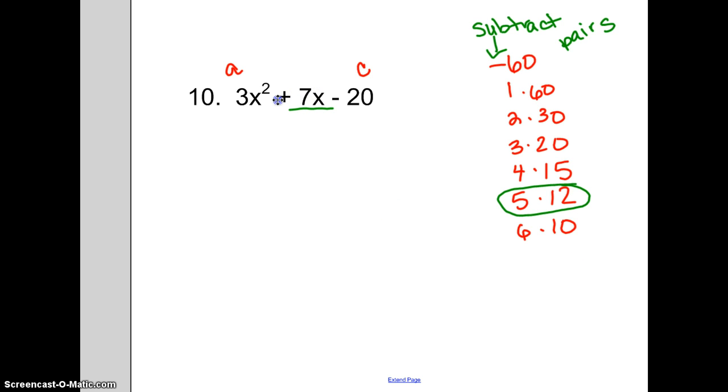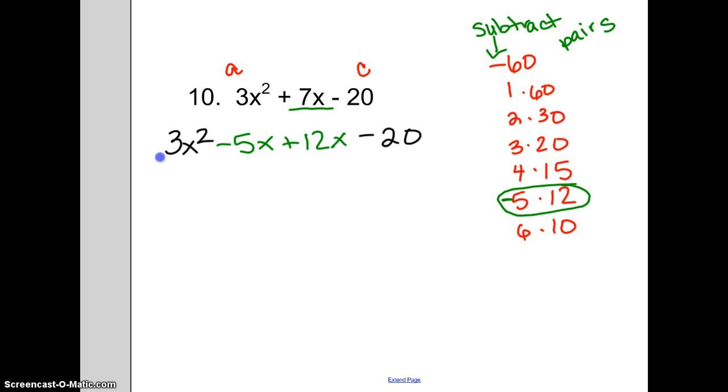Since the 7x is positive, you'll want to make the 5 negative and the 12 positive so that you get a positive 7x in the middle. Now let's rewrite. 3x squared is going to stay the same. The 7x we're now going to write as negative 5x plus 12x, and then we still have the minus 20.